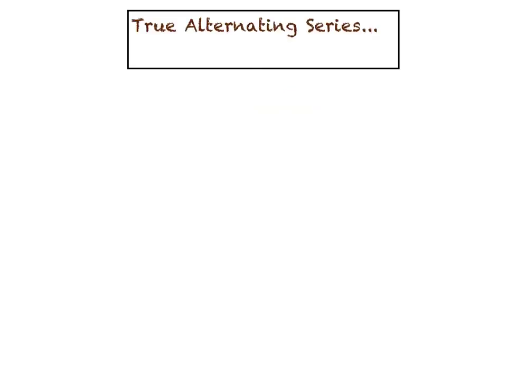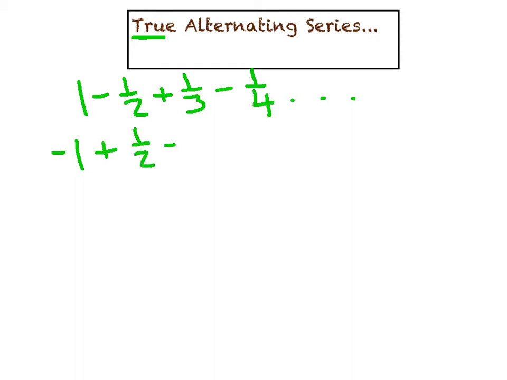The next question up for debate is, what truly is an alternating series? Is it just any old series that happens to have a negative term sprinkled there somewhere? The first one we looked at started positive and then negative and then positive and then negative, and it continued on. Another example, if the first term was negative and then the second one would have to be positive and then they'd alternate off of that, this too is considered an alternating series.